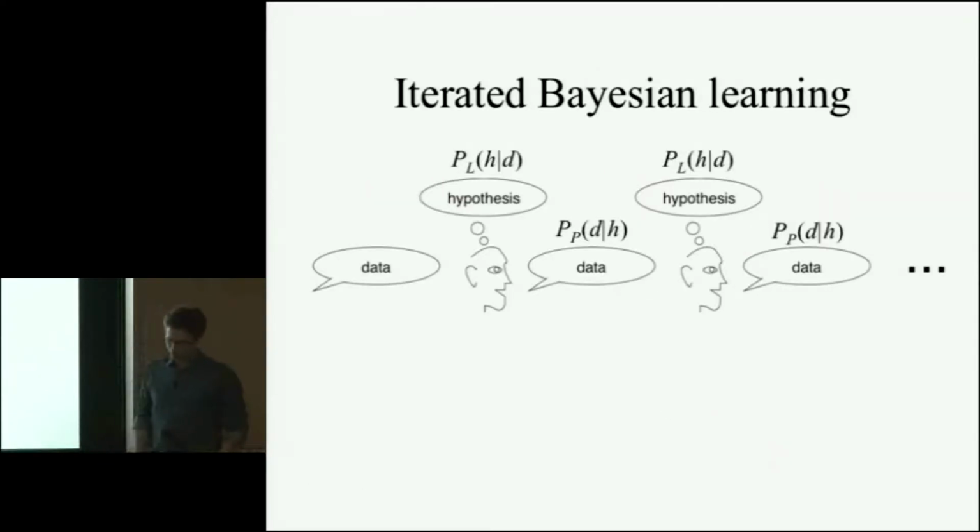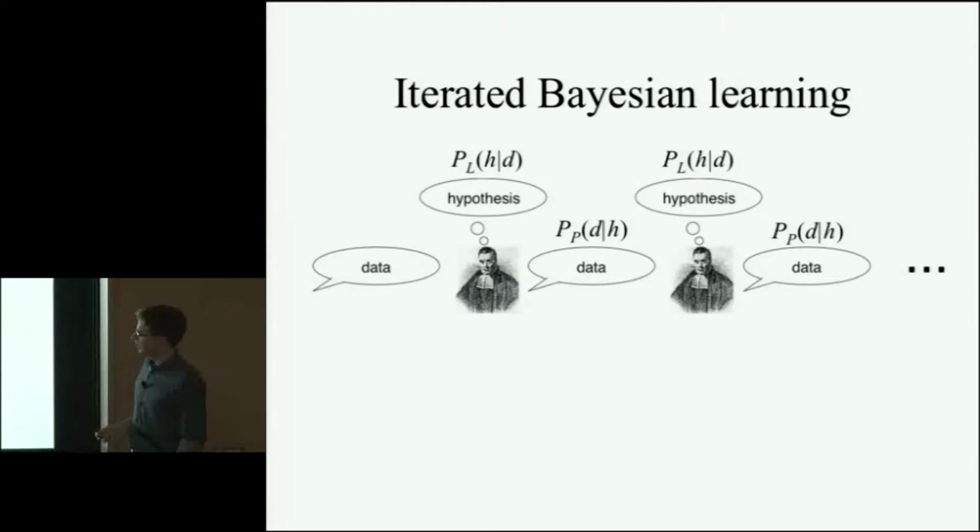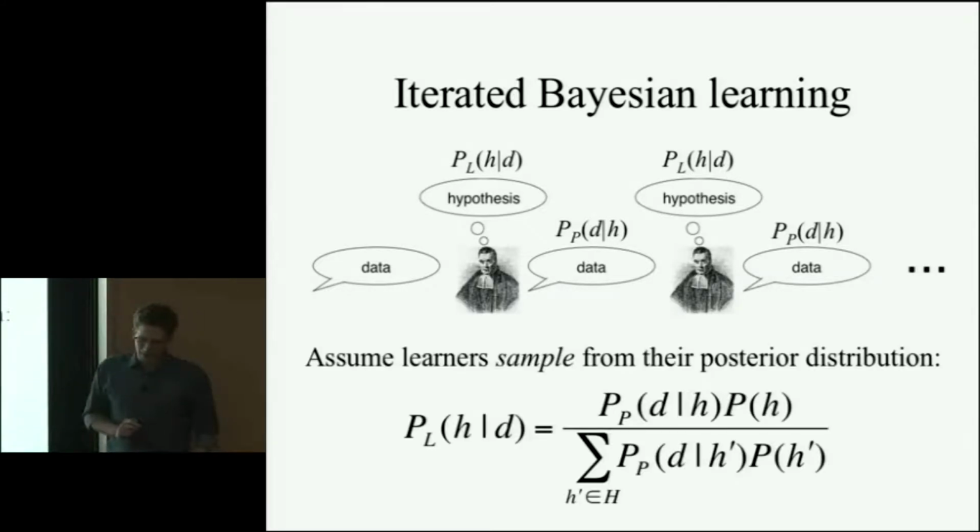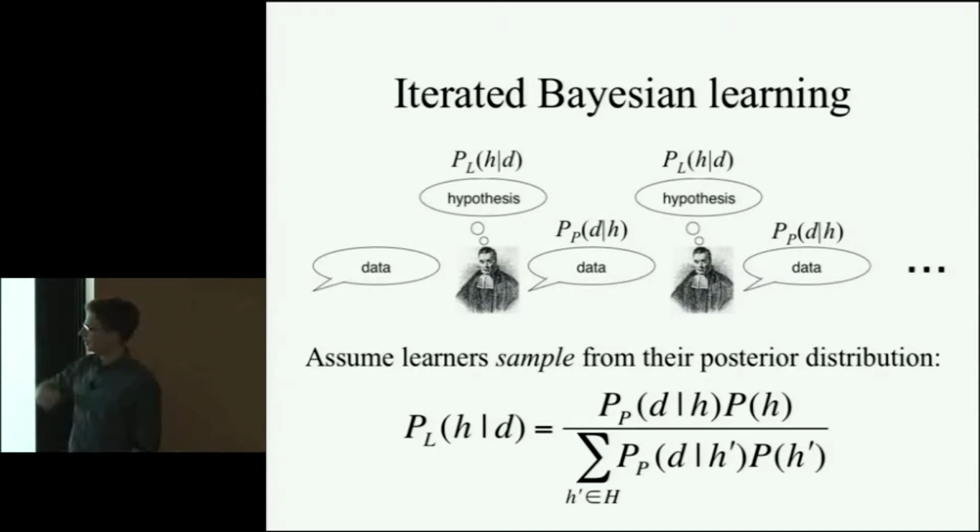We can do this by taking our iterated learning model and making a small substitution. We stick in the rule from Bayes. What I'm going to do to start off with is assume that the learning algorithm we're going to define is one which says learners are choosing their hypotheses by sampling from posterior distributions. What that means is they see data, they compute a posterior distribution, they generate a sample from that distribution, and that gives them the hypothesis that they end up with.